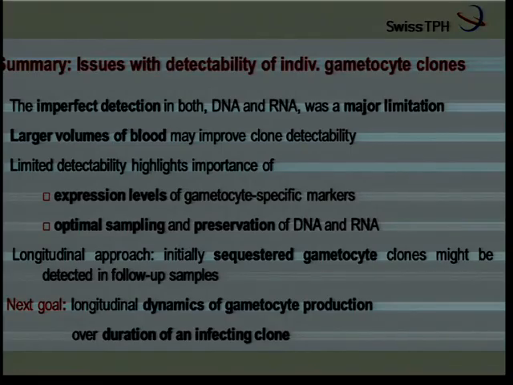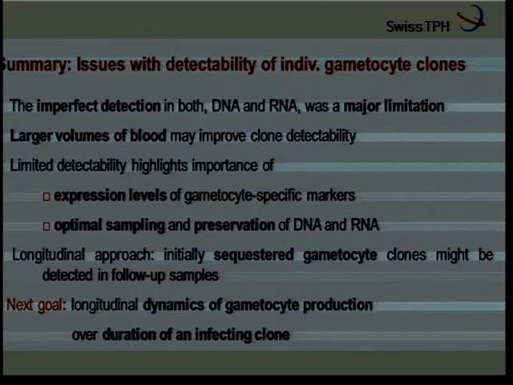And the preservation of DNA and RNA is also important, because these amplicons of polymorphic genes are really long to get enough diversity, so the RNA must remain well intact. We thought that a longitudinal approach will resolve this.